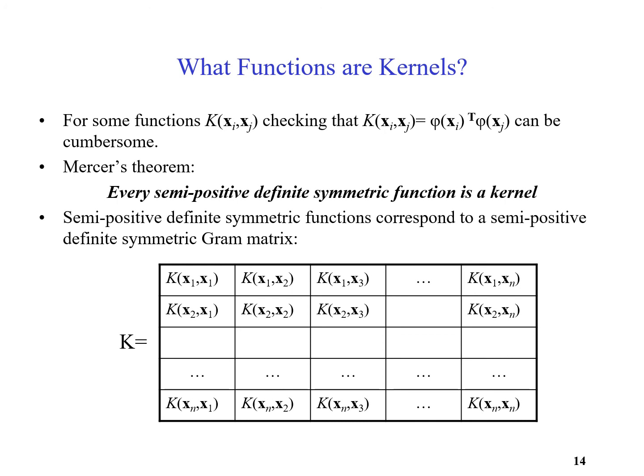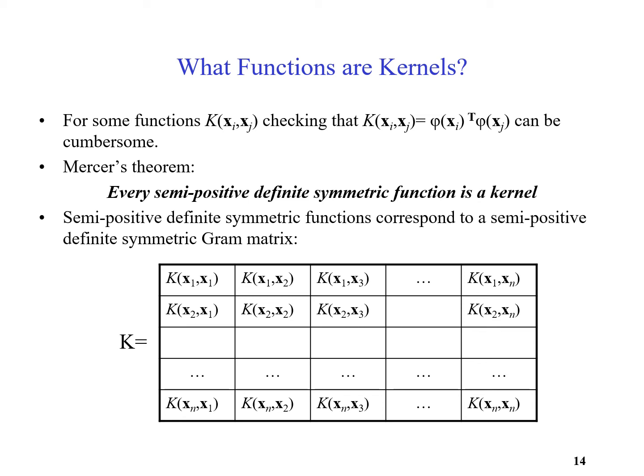When you run SVM, you have to choose a kernel function. The easiest way is that there are already a lot of well-defined kernel functions, so you choose one of them and run it. That's very easy. Otherwise, if you want to come up with your own kernel function, you have to consider two things.